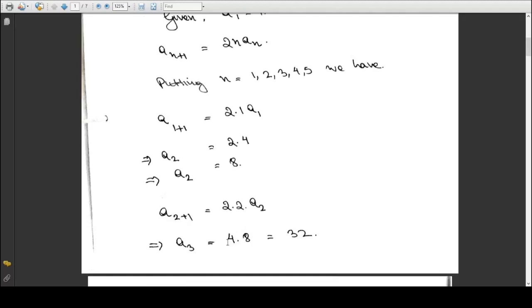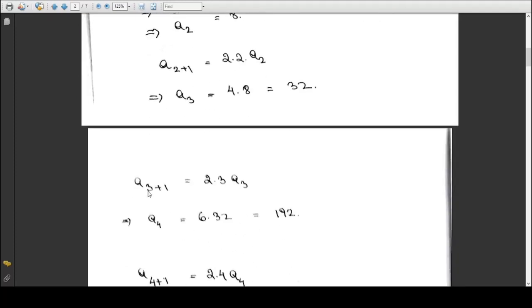Now putting n equal to 2, a_(2+1) is 2 times 2 times a_2. 2 multiplied by 2 is 4, and a_3 equals 4 multiplied by a_2. a_2 is 8, and 4 multiplied by 8 is 32.